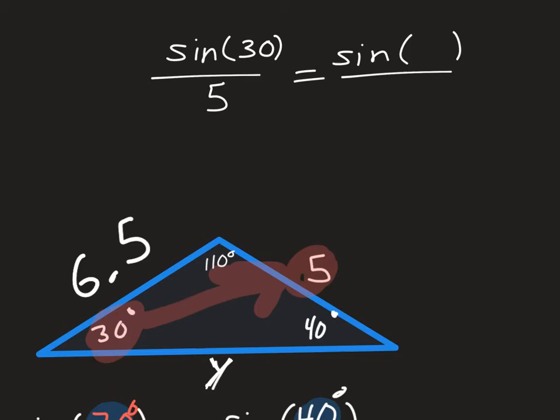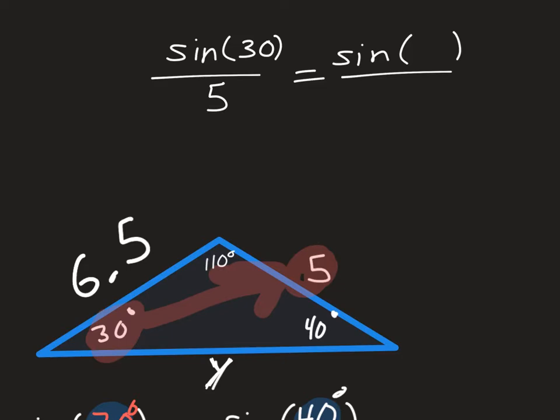One good reason that I like to choose that is because the 6.5 I did round, so that's not exact. So it wouldn't get me quite as exact an answer as using the 30 degrees and 5. But it wouldn't necessarily be wrong if you use the 40 degrees and the 6.5. You would just be a little bit less than exact.